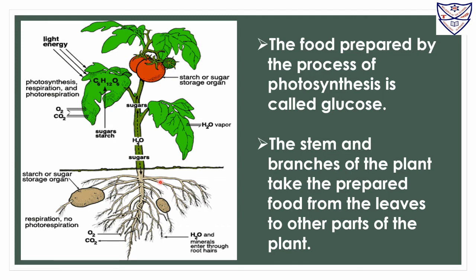They carry the food from the leaves to the other parts of the plant, and the plant uses some of this food for its daily activities and stores the extra food as starch in the roots, stems, leaves, fruits, or sometimes even in a flower.